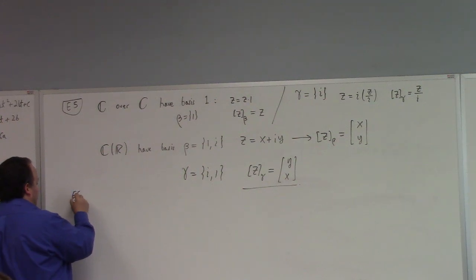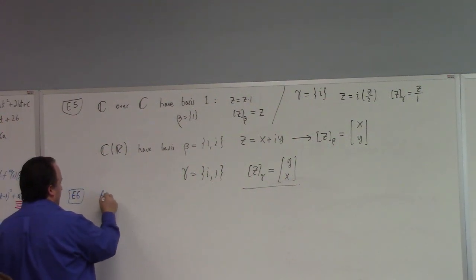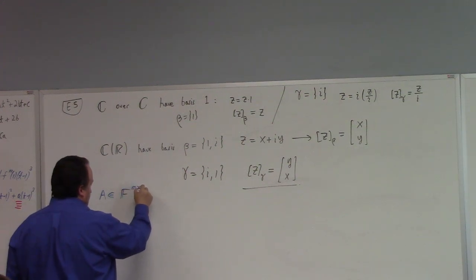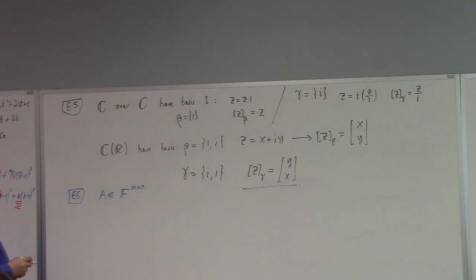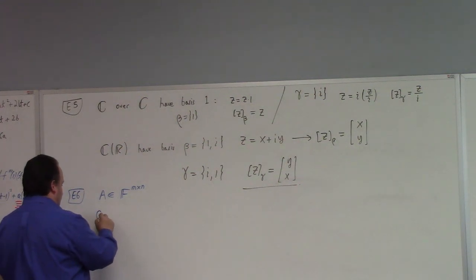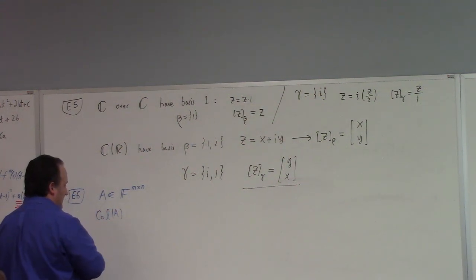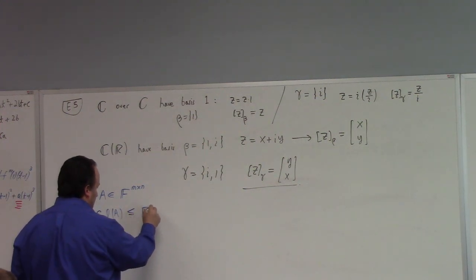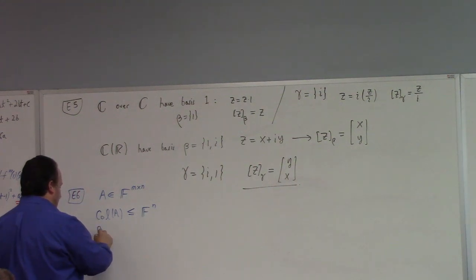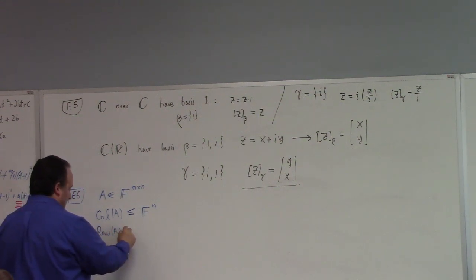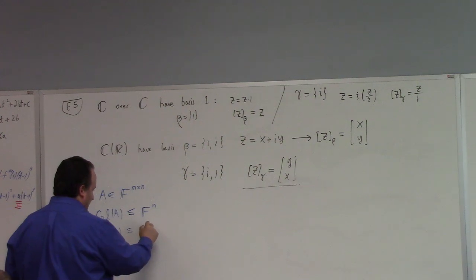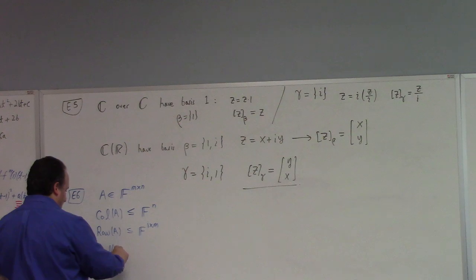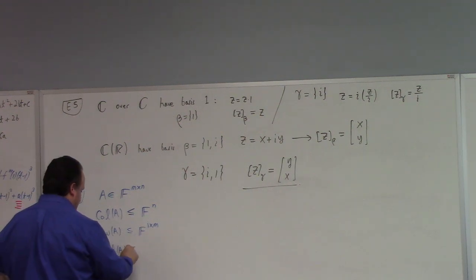So, example 6: if we have A, an element of F^(m by n), then we can talk about the column space of A, a subspace of F^n. And we can talk about the row space of A, a subspace of F^(1 by m). And we can talk about the null space of A, which is a subspace of F^n. I think I got that wrong.